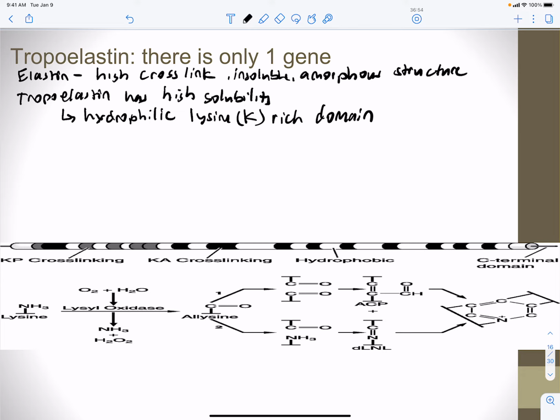So, K-rich. Let's say alanine domains. Okay, and so basically you're going to have lysine cross-linking domains that are going to contain proline, which are called Kp. So you can see here's our Kp.